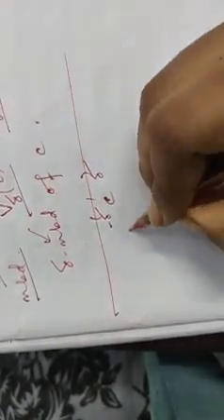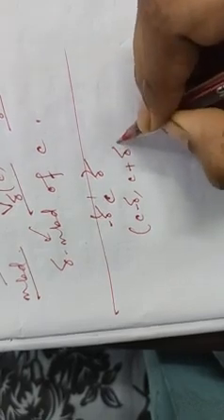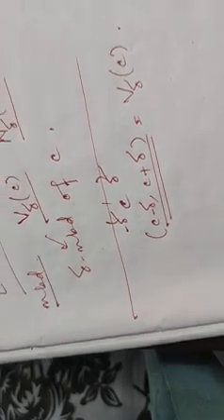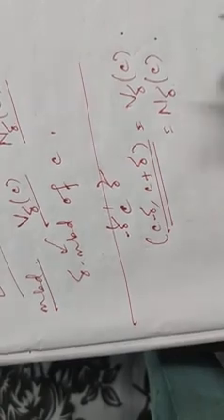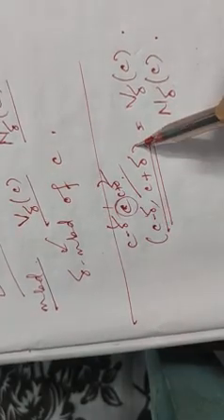So this interval will become (c minus delta, c plus delta). This is called V_delta(c) or N_delta(c), and we read it as delta neighborhood of c. Obviously c is included there in (c minus delta, c plus delta).